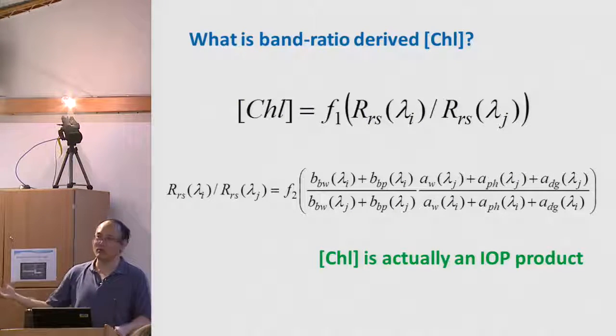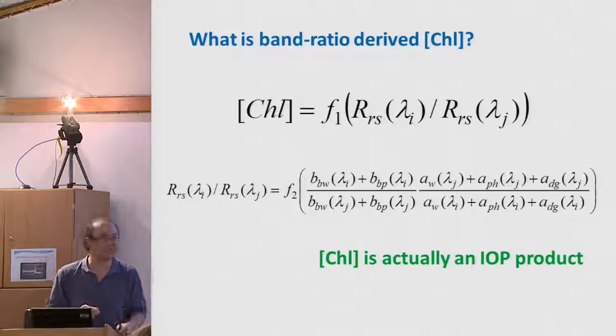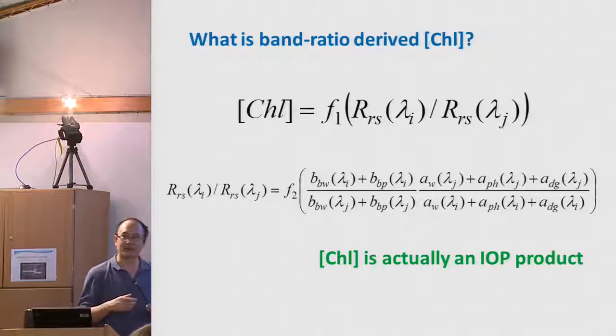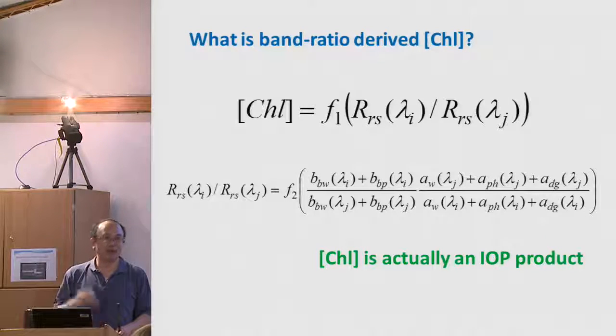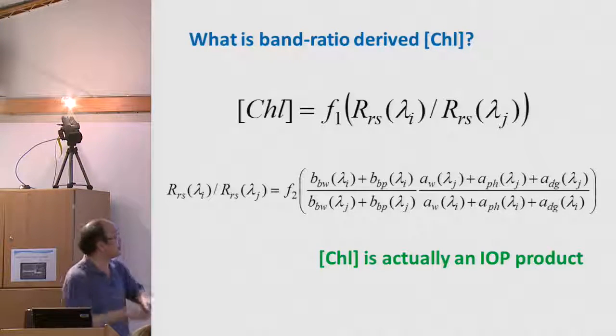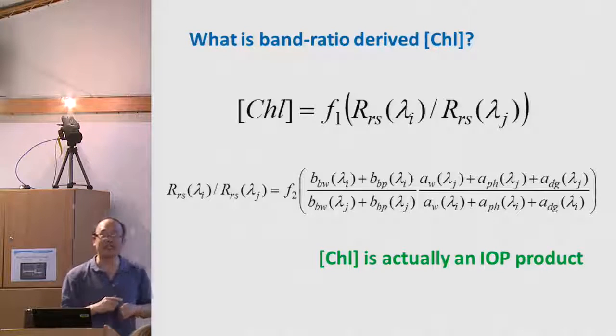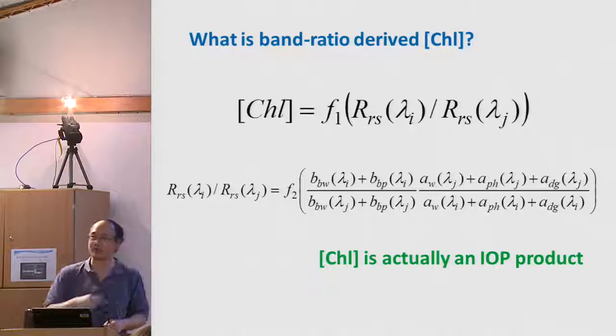But in order to be more usable for biological oceanographers, we rescale them to chlorophyll concentrations, so we call them chlorophyll. But there are such large uncertainties or variations between IOP and chlorophyll. There are lots of unknowns for the conversion. Like we talked about yesterday, the specific absorption coefficient of phytoplankton. And this ratio actually is a total A, which has ADG there. So that is also converted into chlorophyll.